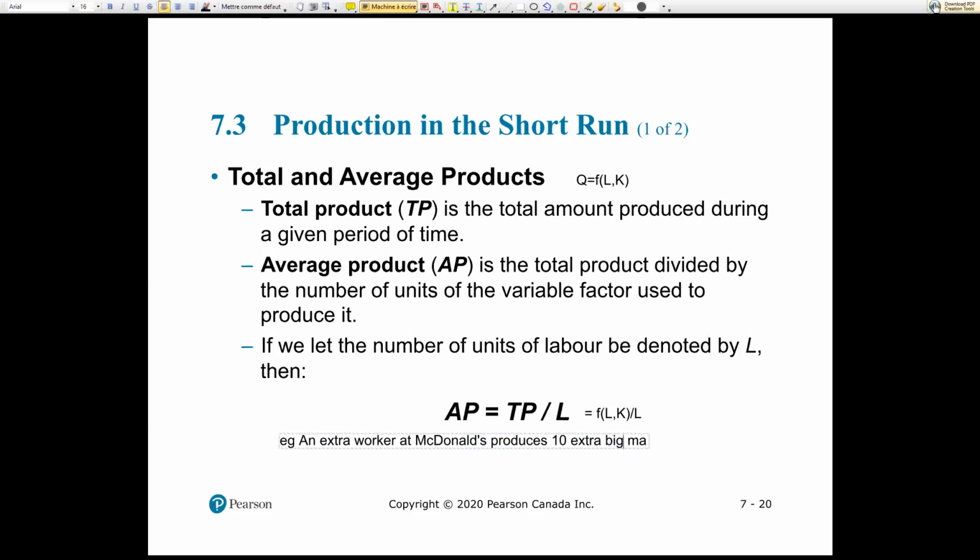Yeah, I don't know. Maybe how many a minute? Like one extra Big Mac a minute. So the average output of one worker would be one Big Mac. On average, right?